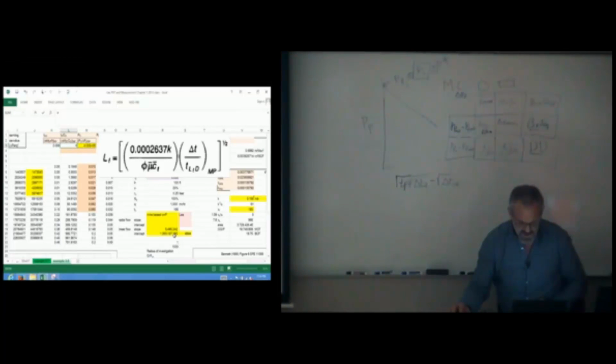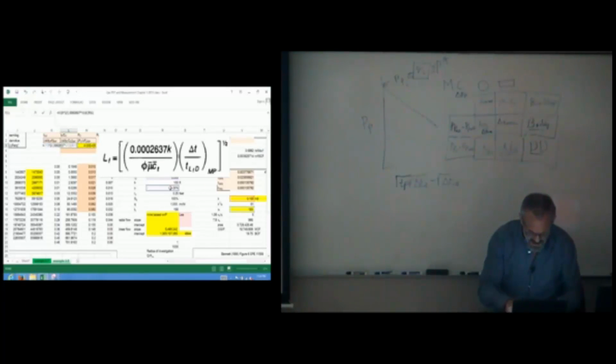Equals x sub f squared divided by, open a paren, 0.0002637 times k, which was given to us, 0.1, there's no t, divided by, open another paren, phi mu c sub t.